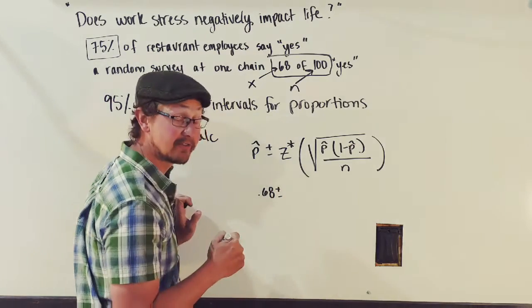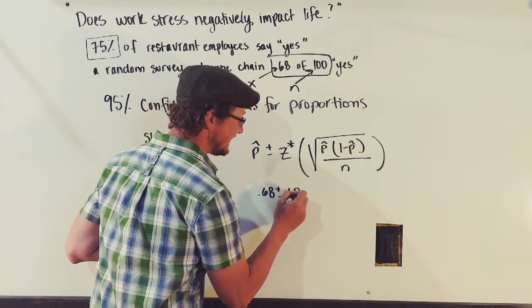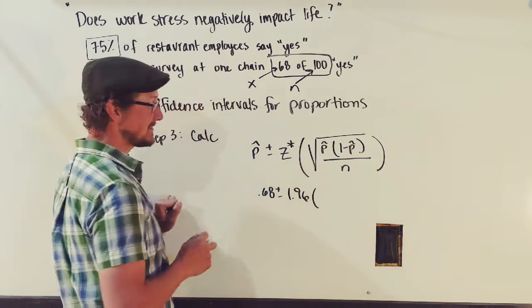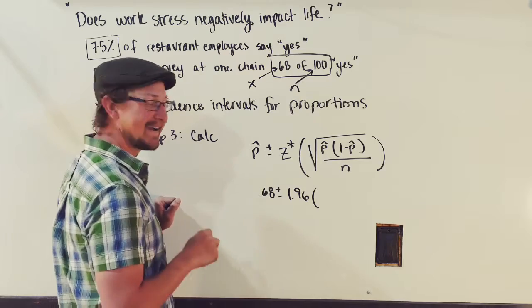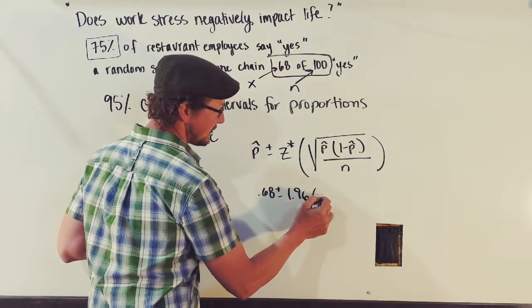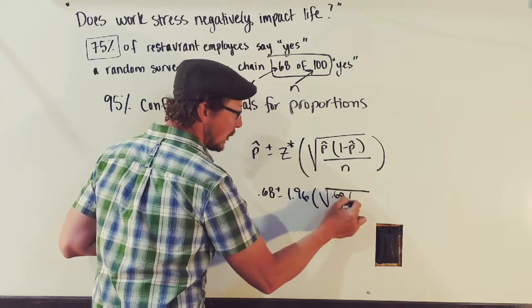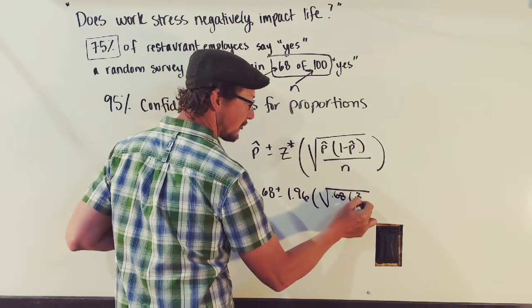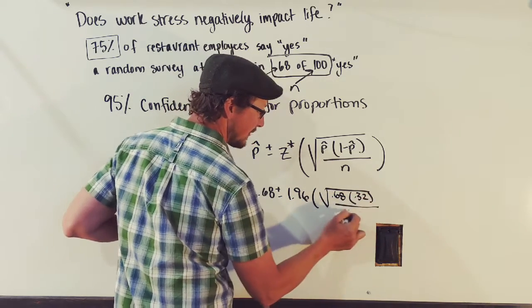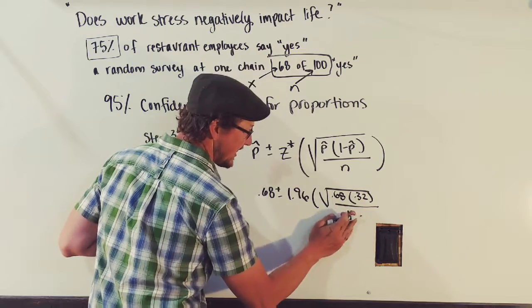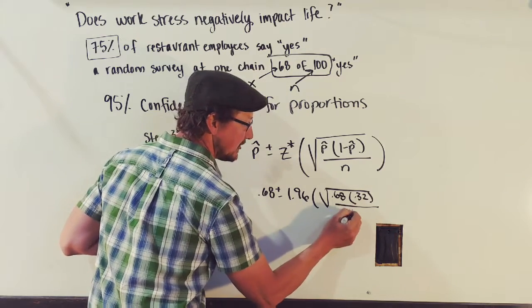You probably didn't see it, you'll just have to trust me. 1.96 times the standard deviation of my sample, so that's the square root of 0.68 times 1 minus 0.68, that's 0.32, over my sample size, not n, but 100.